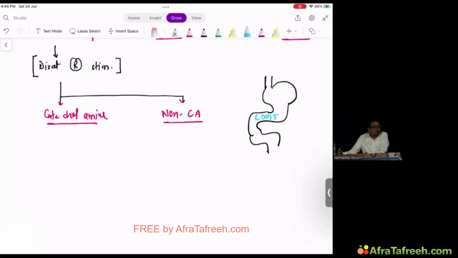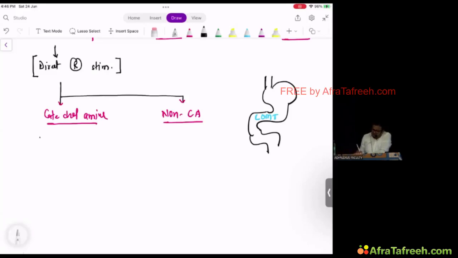C for catechol, O for ortho, M for methyl, T for transferase. This enzyme will break any catecholamine. COMT will metabolize which drugs? Catecholamines.